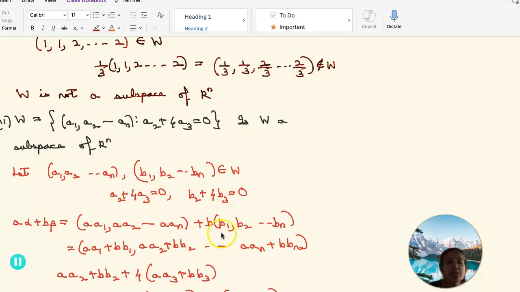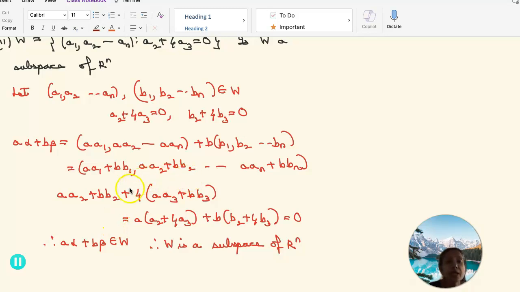You get (aa1 plus bb1, aa2 plus bb2, ..., aan plus bbn). So if I take the second coordinate plus 4 times the third coordinate, aa2 plus bb2 plus 4 times (aa3 plus bb3), I can take a common, so a into (a2 plus 4a3), take b common, b into (b2 plus 4b3). So this is 0 because a2 plus 4a3 and b2 plus 4b3 are 0. So a alpha plus b beta will belong to W because the second coordinate plus 4 times the third coordinate is 0. Hence W is a subspace of R^n.